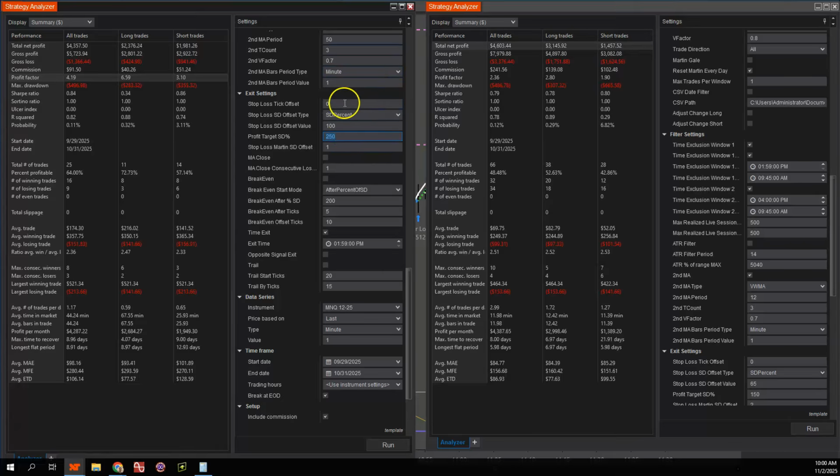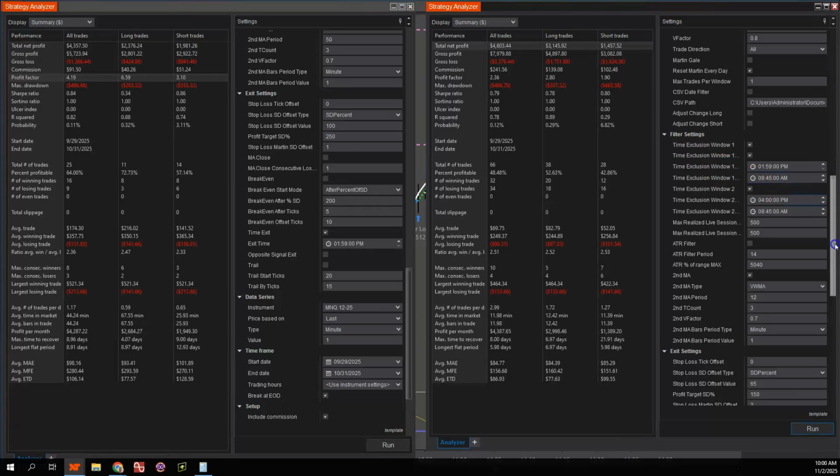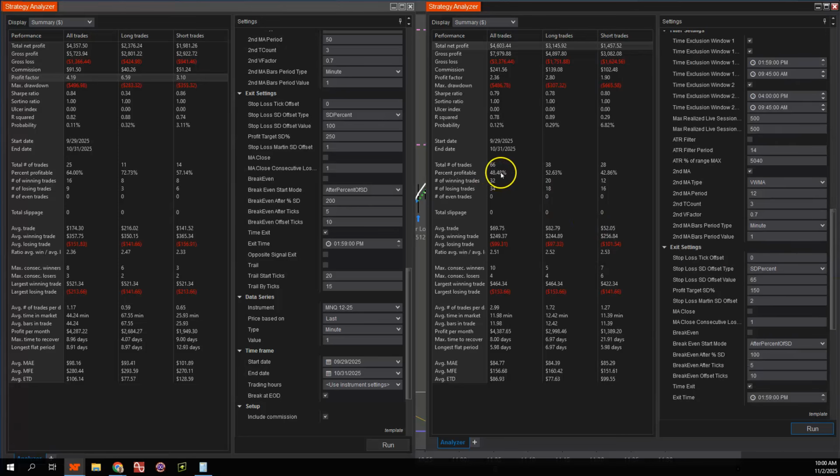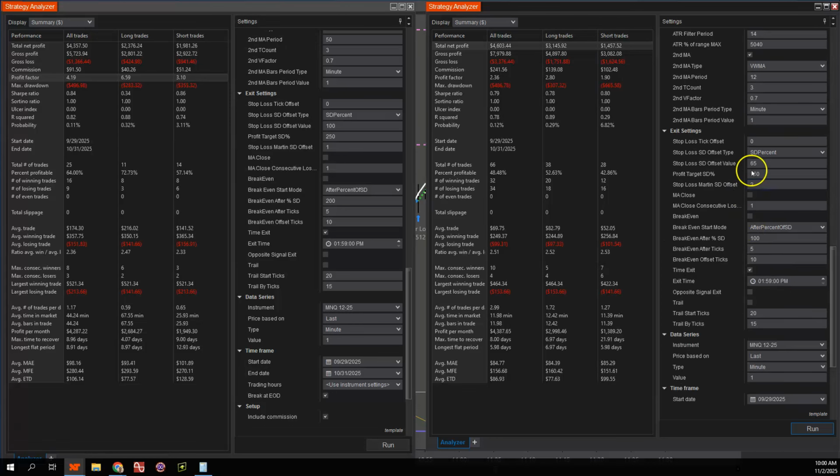And that kind of mixes in with all the other settings that I've been optimizing as well. Over here on the large template, you look at it and go, oh, only a 48% win rate, but really it's a 2-to-1 reward-to-risk as well.